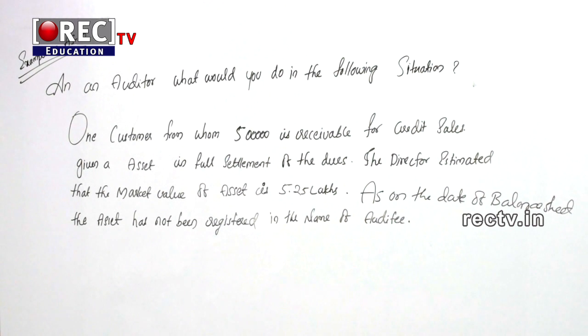Therefore, in our example, it is more appropriate to record the cost of the motor car at 5 lakhs, since the value of the asset given up is more clearly evident than the fair market value of the asset acquired, as the fair market value of the car is estimated by the directors. So this is a question based on the initial recognition of an asset.